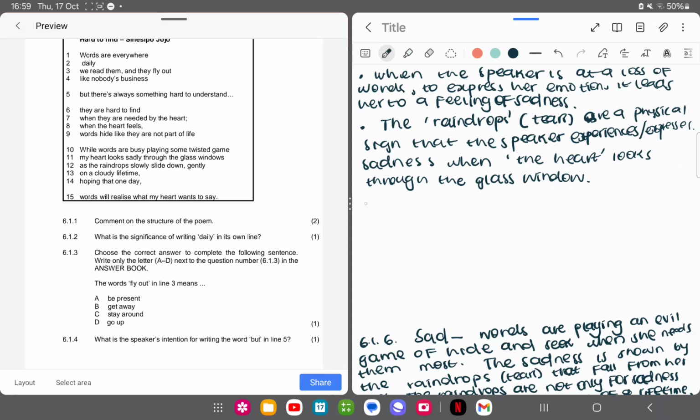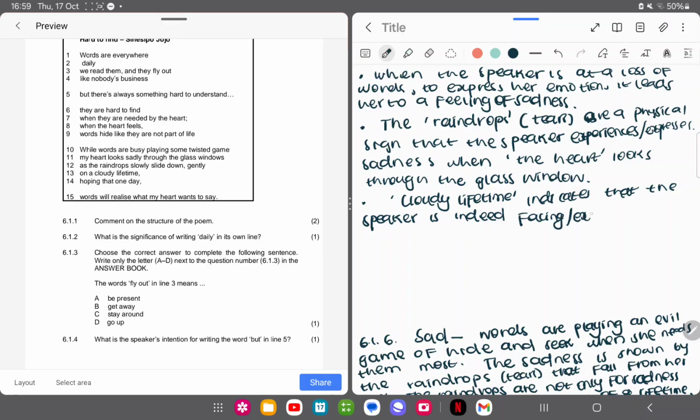We can also include that the cloudy lifetime indicates that the speaker is indeed facing or experiencing a sad mood.